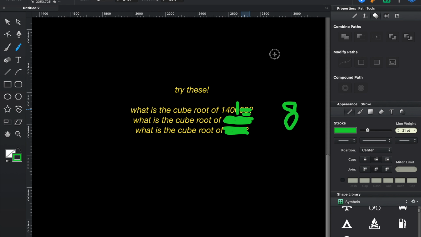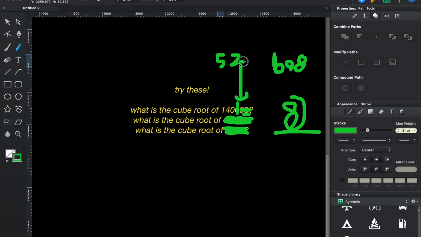So that's 2, 608. Now 140 goes between 125 and 216, I think. So it should be 125 or 5. So it should be 52. So the first one should be 52. Okay, so now let's work out the second one.